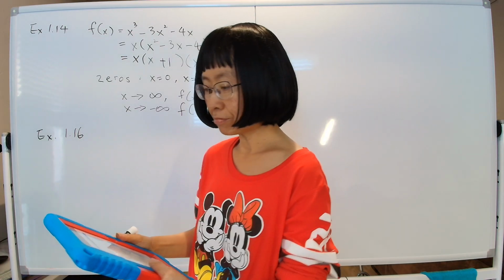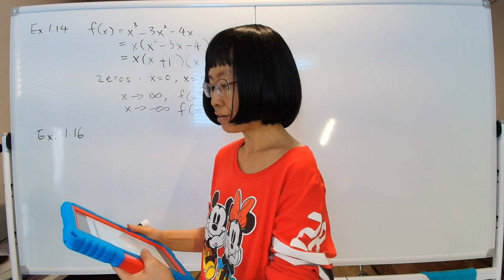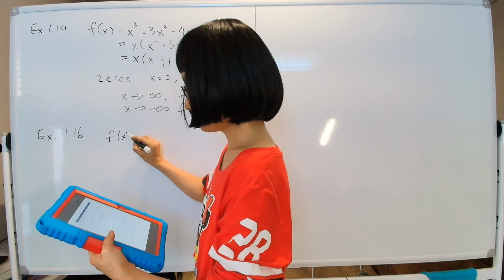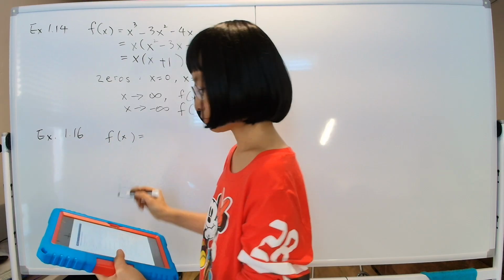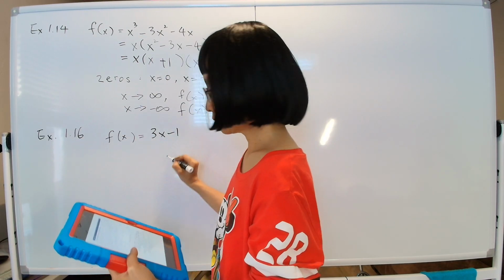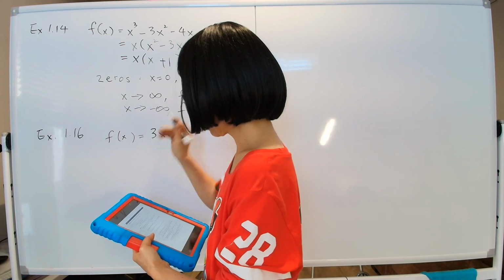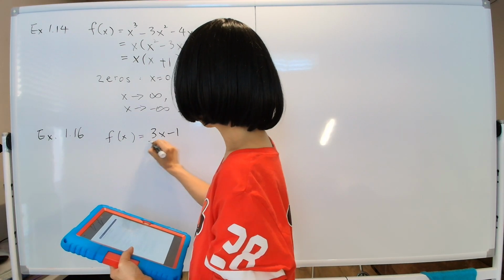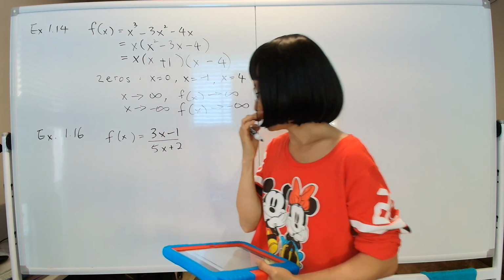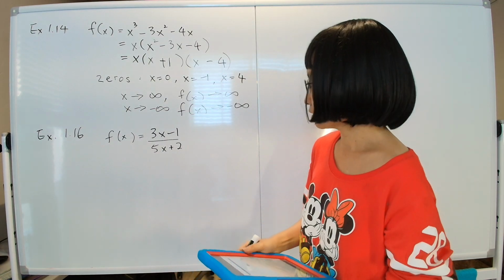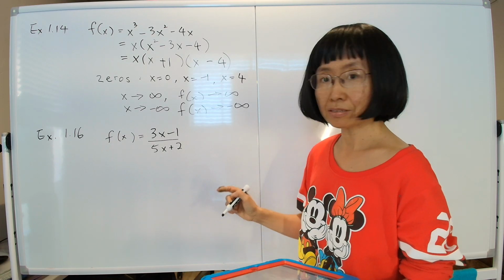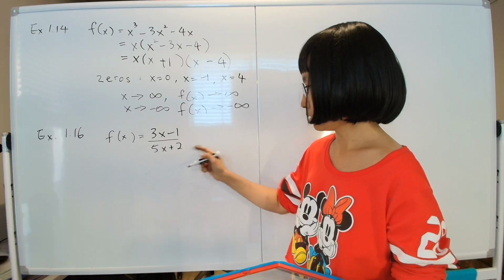So example 1.16, you have f of x equals 3x minus 1 over 5x plus 2. The only thing that really matters here is that 5x plus 2 cannot be 0, because denominators cannot be 0, ever.